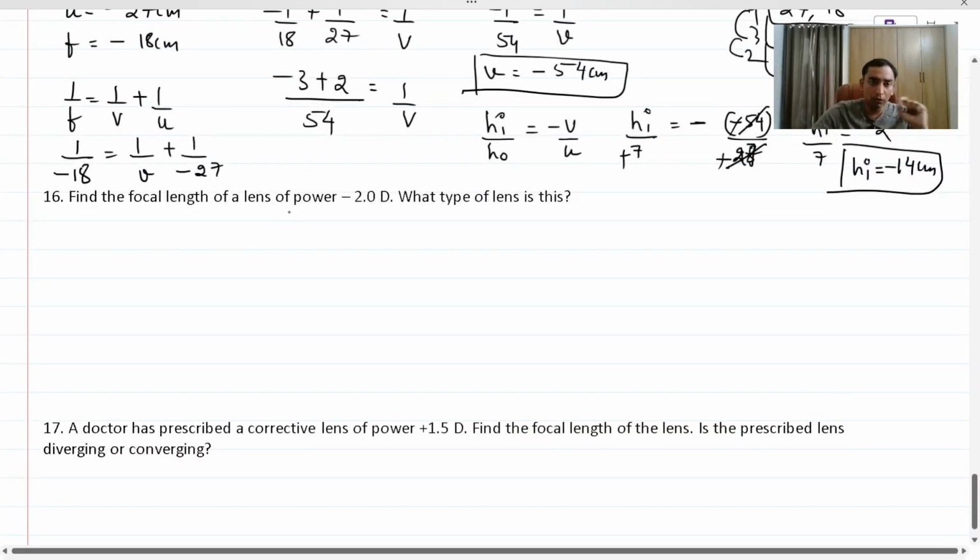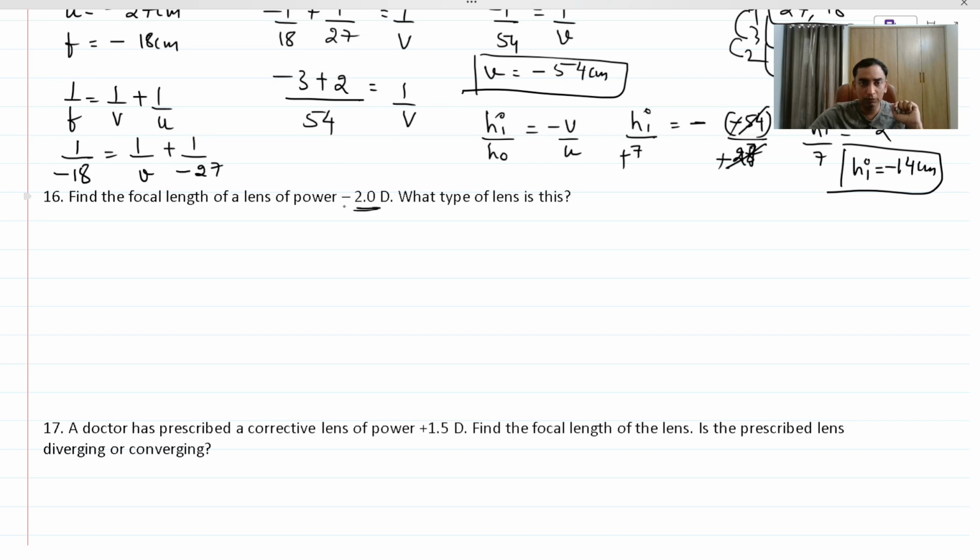Now, the focal length is to be found out, and the power is given. First of all, negative power means negative focal length. Negative focal length means this is definitely a concave lens. Negative focal length is of a concave lens, positive focal length is of a convex lens.